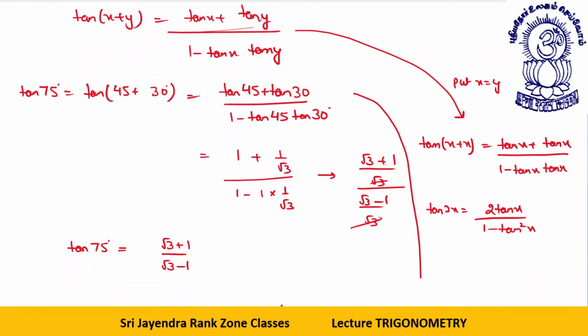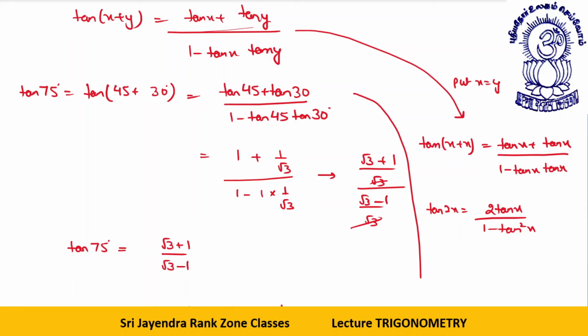Next is root 3 cosec 20 minus sec 20. Root 3 cosec 20 minus sec 20. First of all, let me convert it into plain sine, basic terms. Root 3 by sin 20 minus 1 by cos 20.